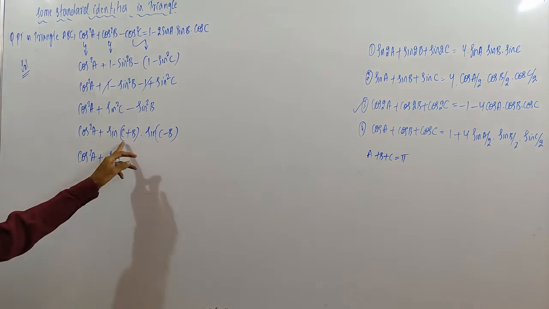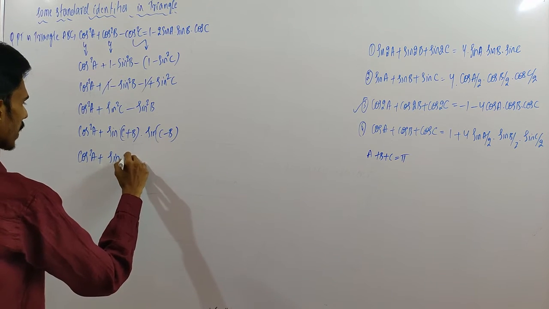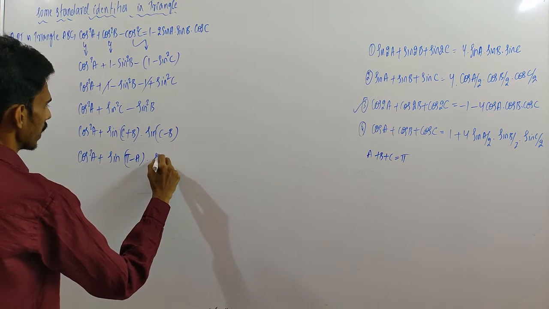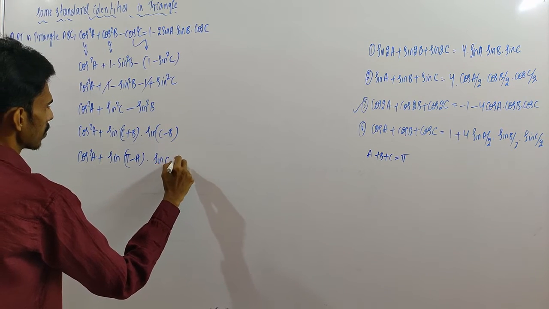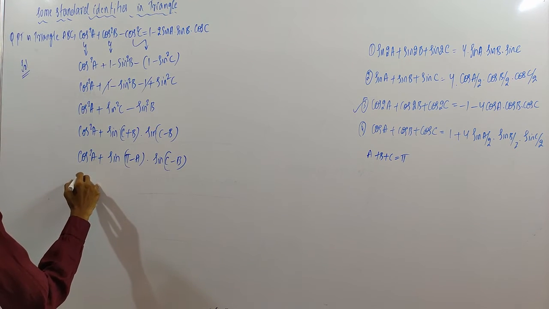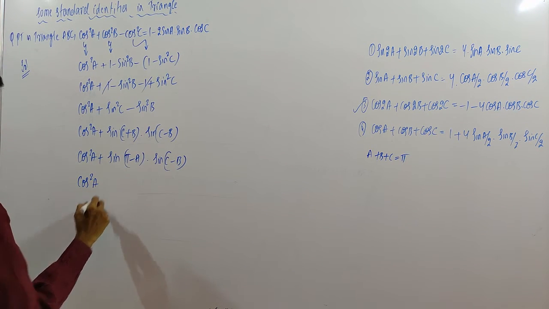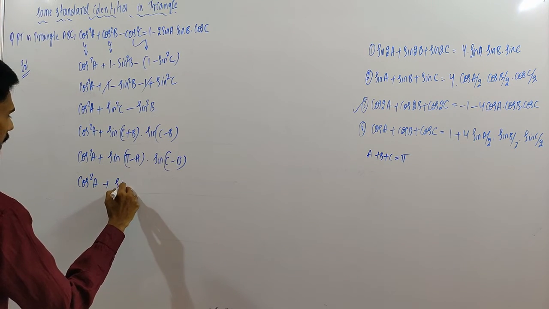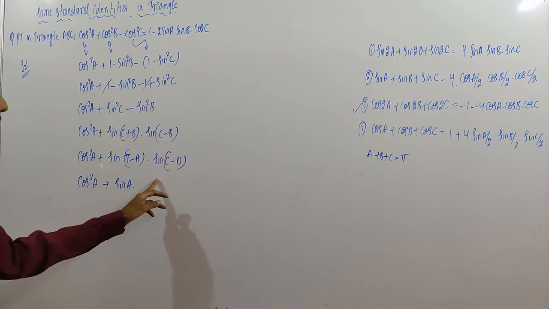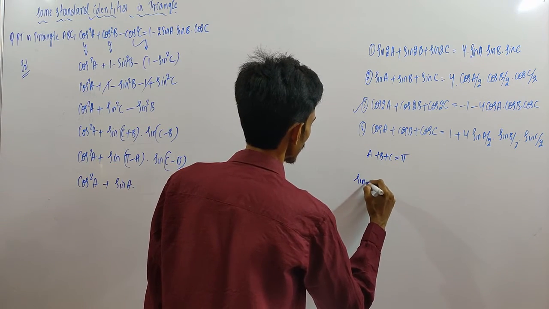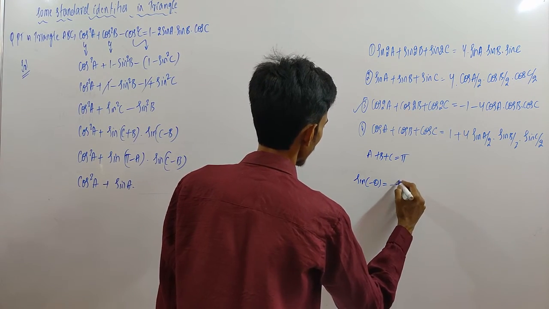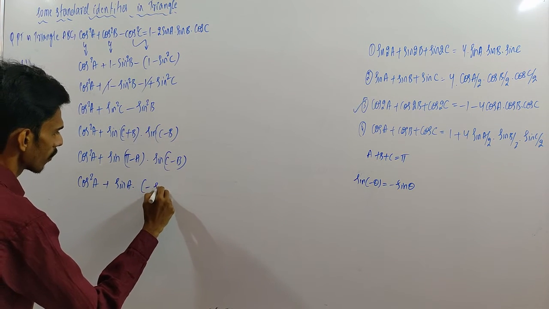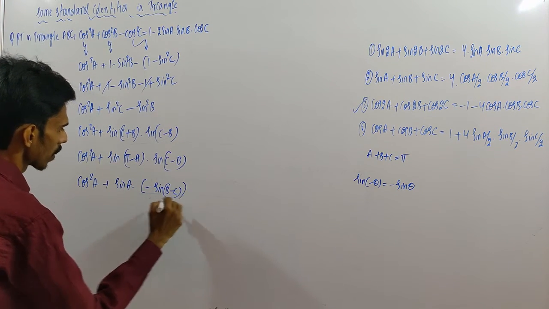From this, B plus C is pi minus A, and for the term sine (C minus B): sine of 180 minus theta is sine theta only, so it becomes sine A, and sine of minus theta is minus sine theta, so write this as minus of (B minus C).